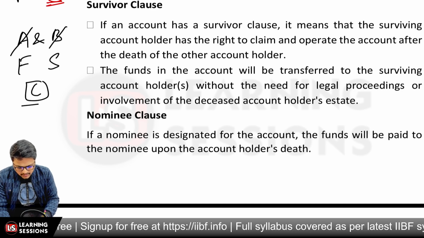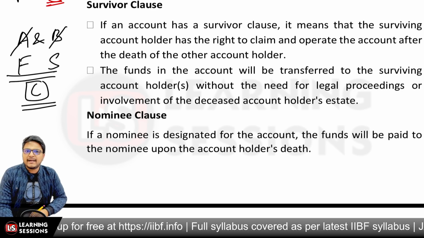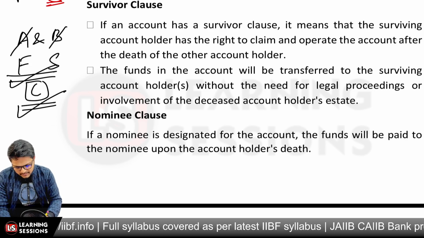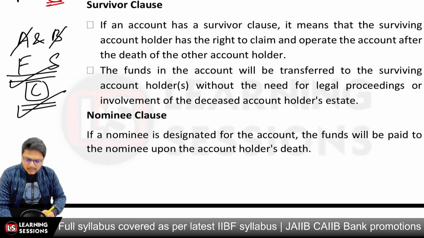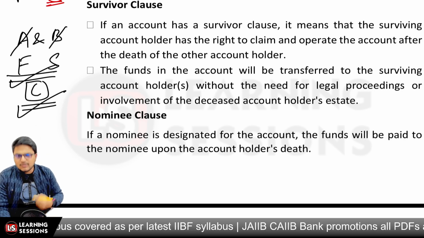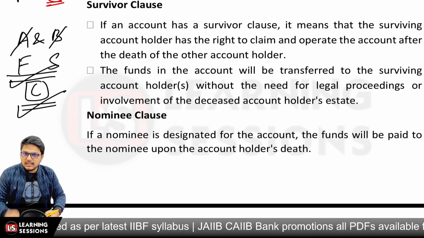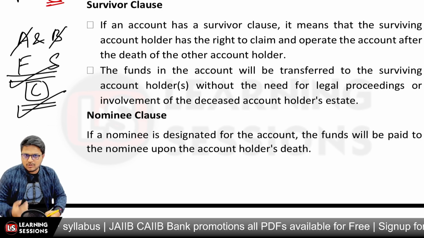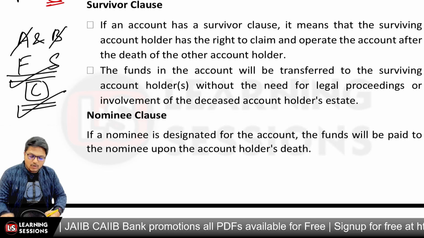In that scenario, the bank can clear the dues and pay the amount to person C, because person C is a nominee designated for the account, and the funds will be paid to the nominee on the account holder's death, right?